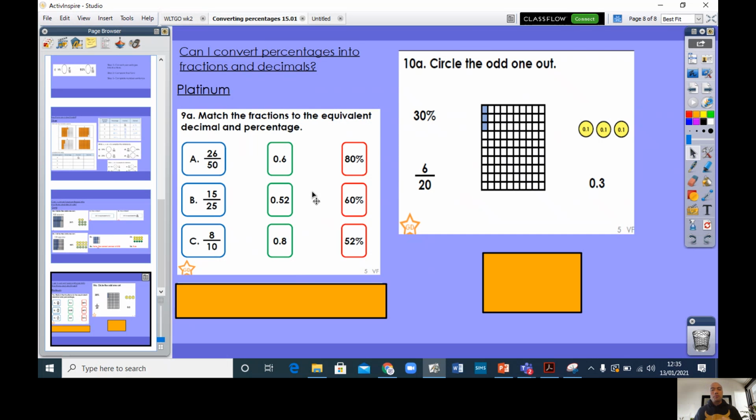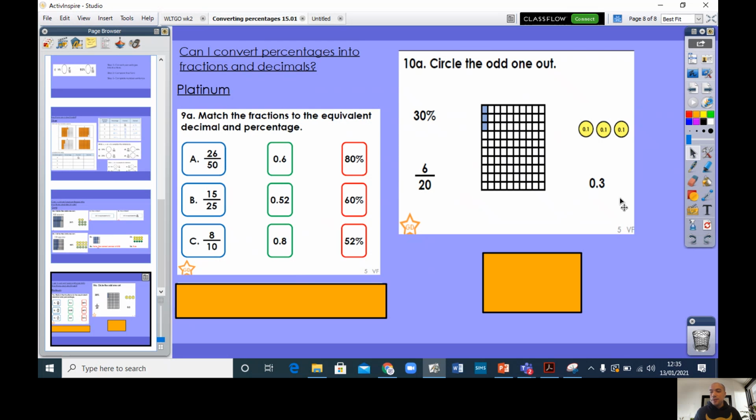I'm keen on giving a few more tips. This one says 26 out of 50, but we've been looking at out of 100. So we're going to times 50 by 2, so that becomes 100, and then we times 26 by 2, because whatever we do at the bottom, we do to the top, and that becomes 52 out of 100.